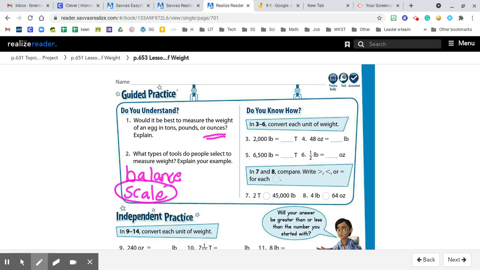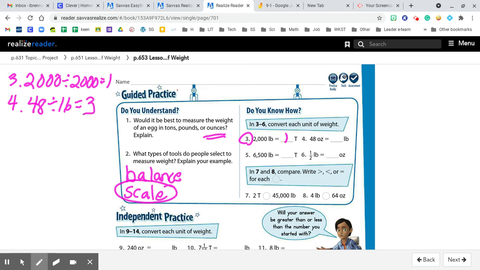To convert each unit of measurement, for number 3, 2,000 divided by 2,000 equals 1 ton. For number 4, 48 divided by 16. Remember, we're going from smaller to larger. Number 5, 6,500 pounds equals how many tons?